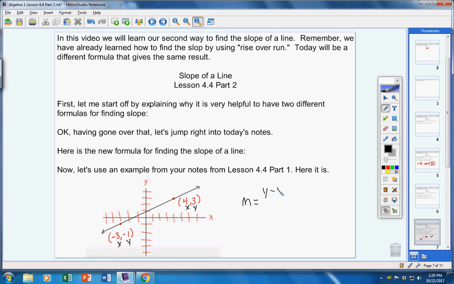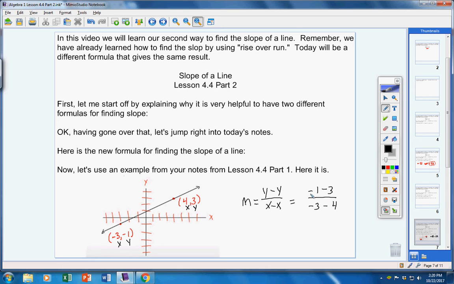What's our formula? y minus y over x minus x. So here's a y, put it in here, -1, then minus, here's your other y, 3. Then x minus x, here's your x, -3, minus, here's your other x, 4.